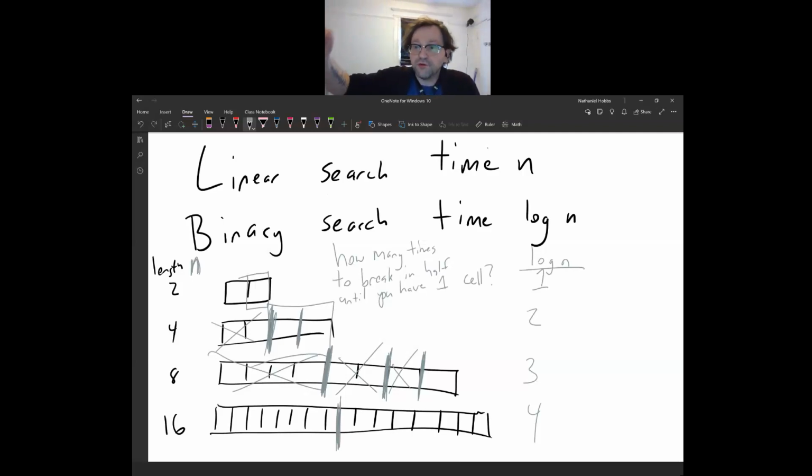Instead of asking how many times you break something in half until you end up with 1, you can ask the reverse question: how many times, starting with 1, do I have to double until I reach the original length? The number of times you need to double starting from 1 to get n is the same as if you begin with n and break it in half again and again until you end up with 1. It's the same process, just going in 2 different directions.